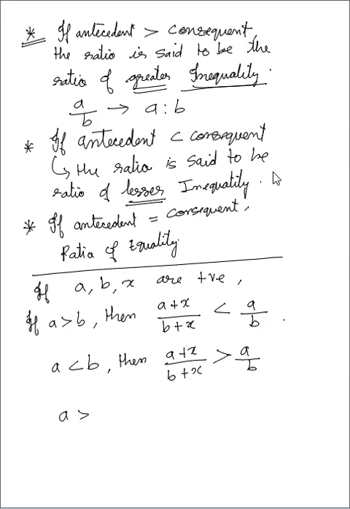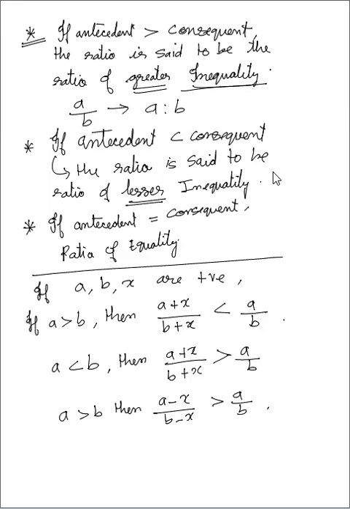Suppose a is greater than b, but I am subtracting a minus x and b minus x. I am subtracting x from both numerator and denominator. So then in this case it will be a minus x upon b minus x, it will be greater than a by b.